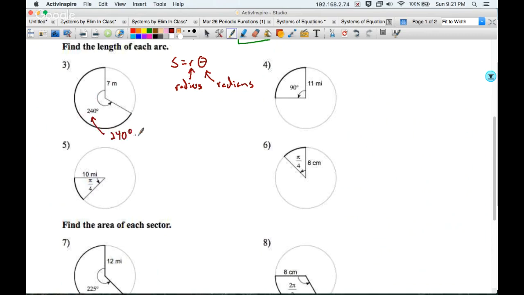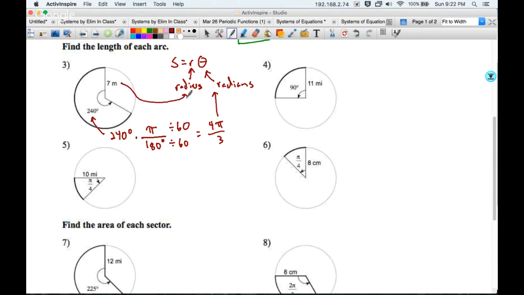Now, if I'm converting degrees to radians, I have to multiply by a form of 1. And one thing I know is that pi radians is equal to 180 degrees. I set it up like this so that the degrees will cancel out. Divide the top and the bottom here by 60, and I get 4 pi over 3. All right, so that's our radian measure. I can now plug that in for radians.